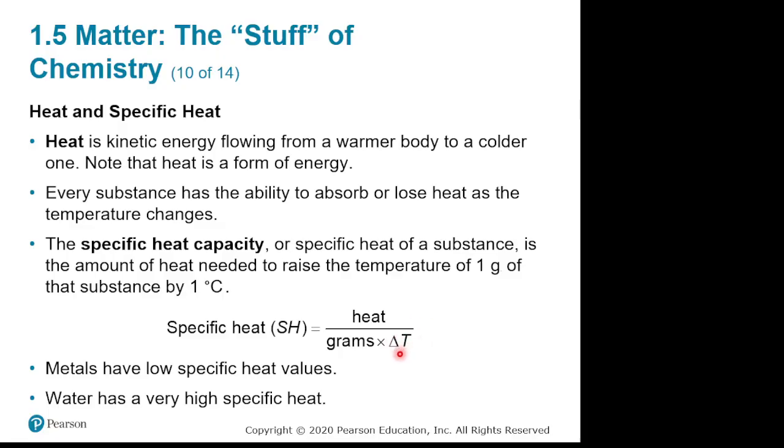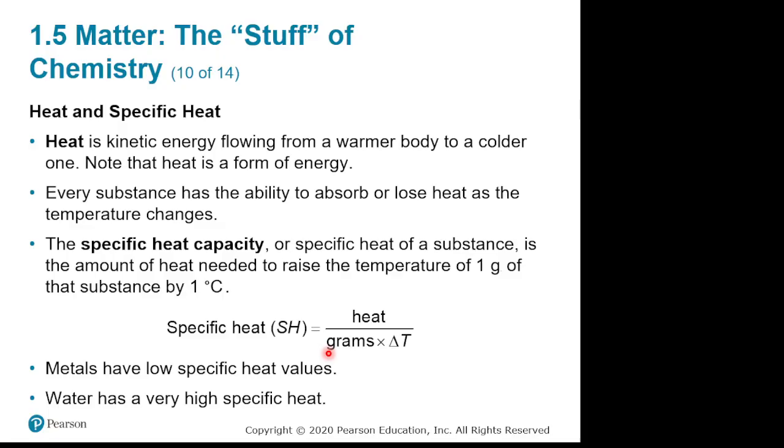Notice this right here, that's capital delta, okay? That means change in temperature. So you're changing the temperature 1 degree Celsius. Okay? And we don't state the ones when they're on the box, right? And so we just put grams degree change in temperature.